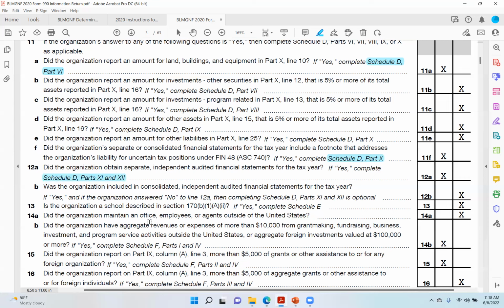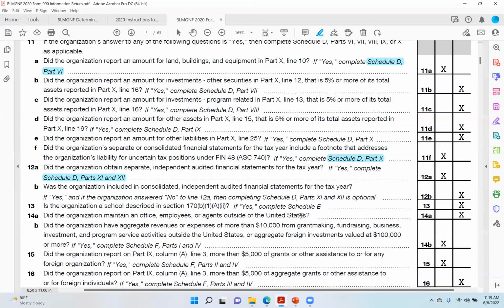No. 14, did the organization maintain an office, employees, or assets outside of the United States? They said no. Well, that's a red flag. 14A is a red flag because I know they have an office in Canada that Patrisse Cullors' wife operates. They recently spent $6 million on a mansion to provide office space for their employees there in Canada.